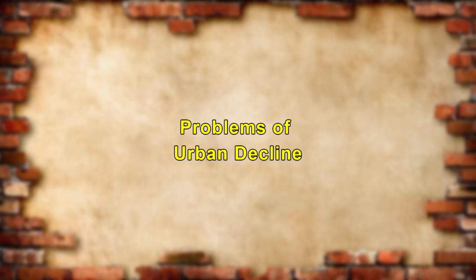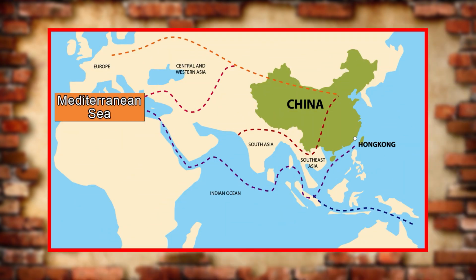Now we will be talking about the problems of urban decline. International trade between China and the Mediterranean world through the Indian subcontinent and trans-Eurasian routes had begun in ancient India much before the Common Era.